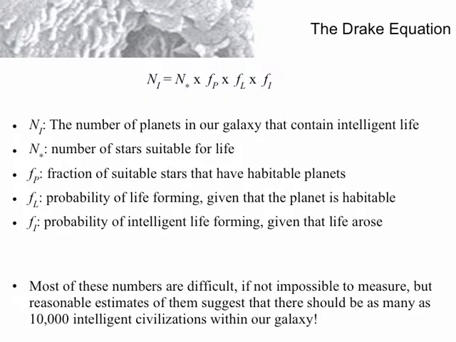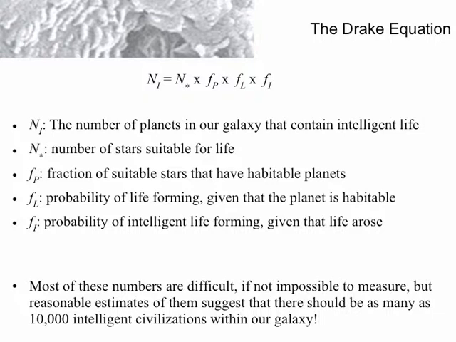And this N sub star, the number of stars suitable for life, and F sub p, the fraction of stars with habitable planets, these are numbers that astronomers like me that study extrasolar planets are starting to get a realistic picture of, just starting to get an idea of realistically, what fraction of the stars out there are going to have planets that are habitable. We're starting to nail down a number there that is more reliable.